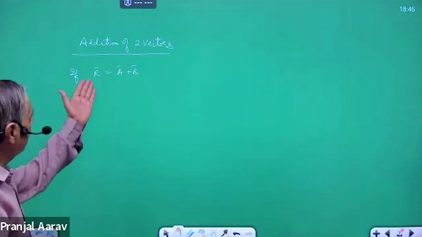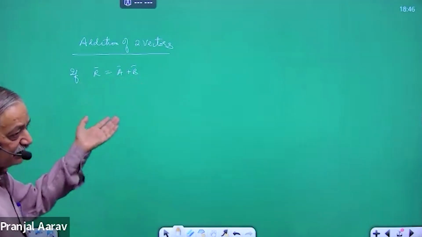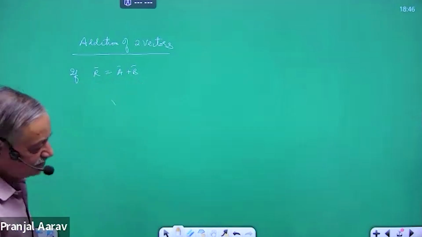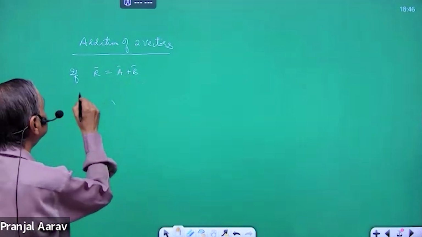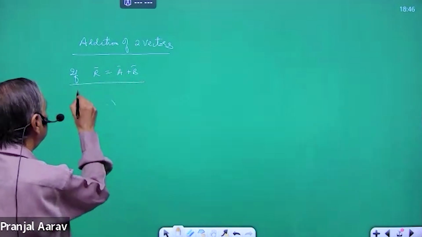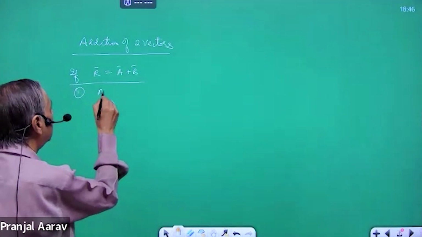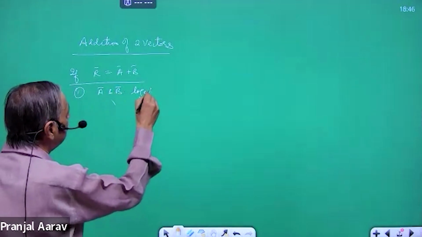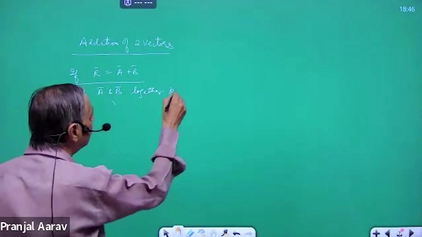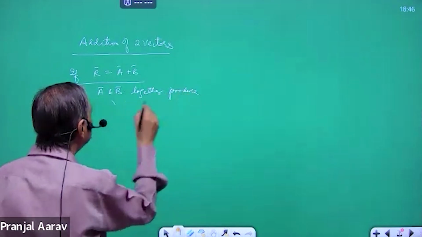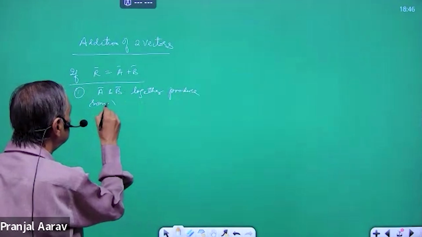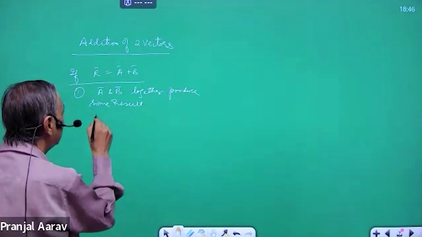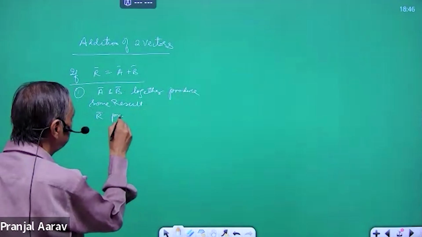If it is written like R is equal to A plus B, R is a vector, A is a vector, and B is also a vector. If I write like this, then it means A and B together produce some result. R produces the same result.